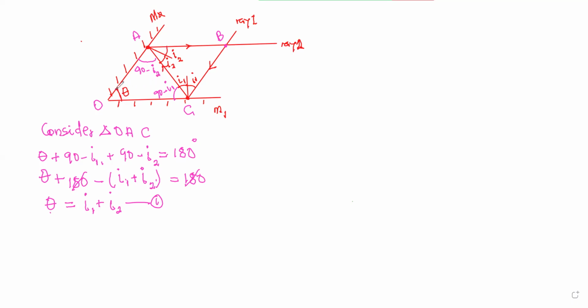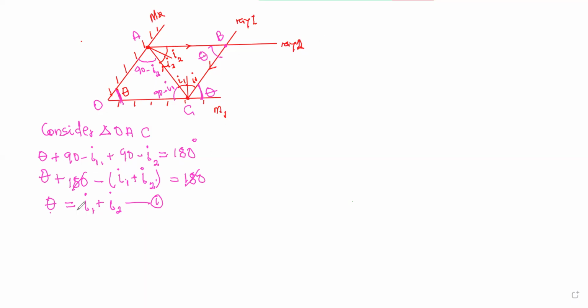So the angle between mirror 1 and mirror 2, this angle here must also be equal to that angle, theta. And by the alternating angle rule, theta must be equal to whatever is here. Class, are you following? Give me feedback. Are you following?